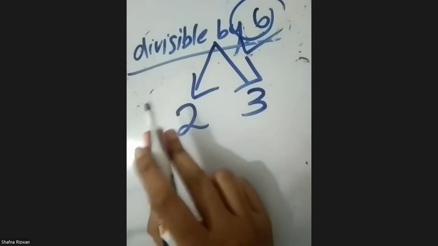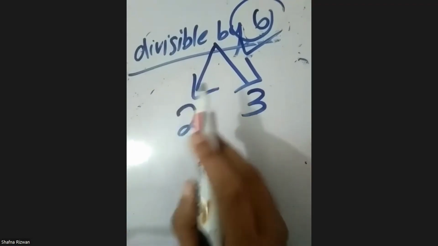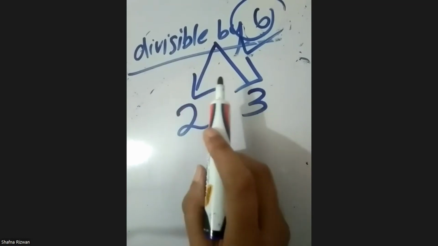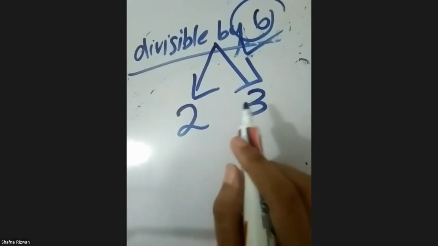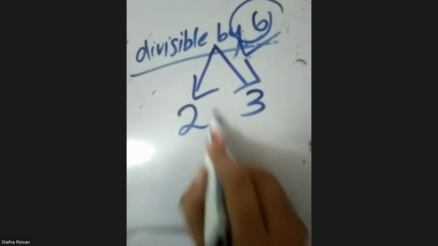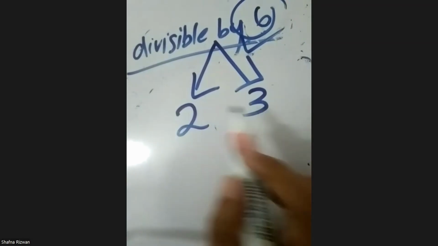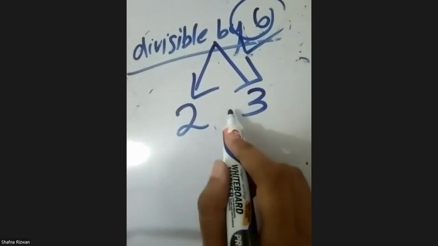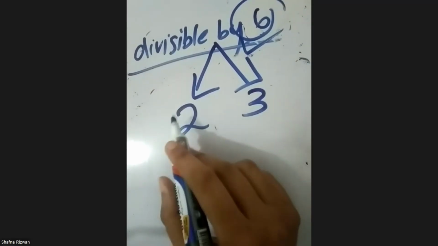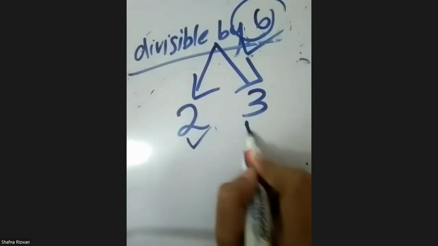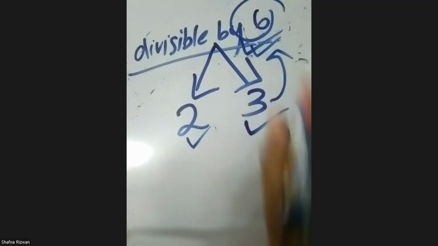So if they give you a question in an exam to find whether a number is divisible by 6, you should know the divisibility rule related to 2 and the divisibility rule related to 3 also. If a number is divisible by 2 and also by 3, then only it will be divisible by 6.